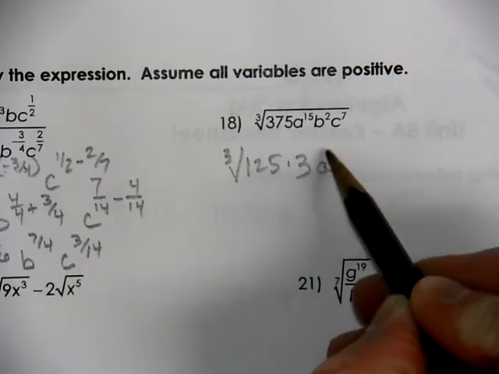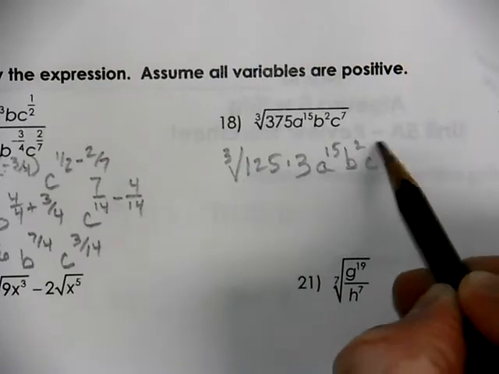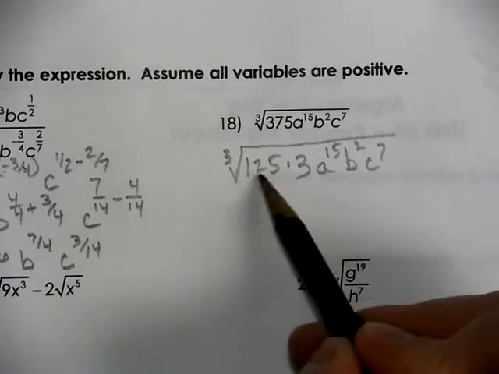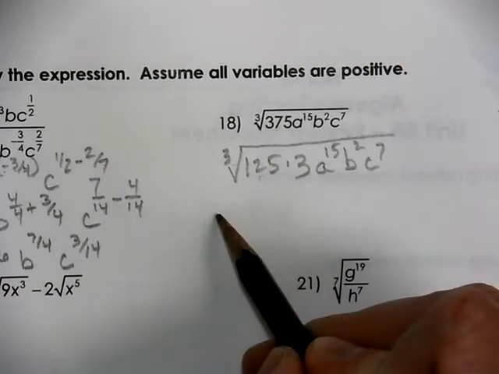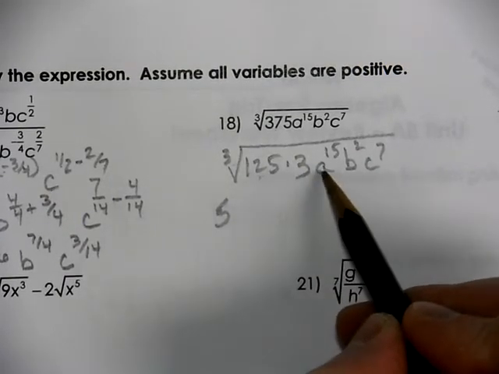We have a to the 15th, b squared, and c to the 7th. So the cubed root of 125, we know that by looking at the table, that's 5. Not going to be able to do anything with the 3, that's going to be left inside.